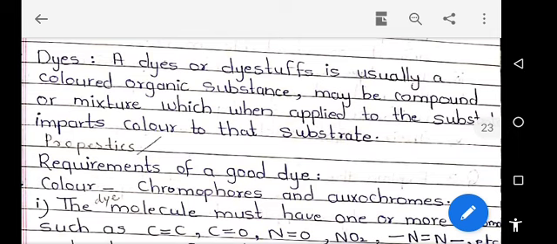In future we are going to deal with chemicals, and these chemicals are very useful in the pharmaceutical industry also, because the pharmaceutical industry's base is chemicals.